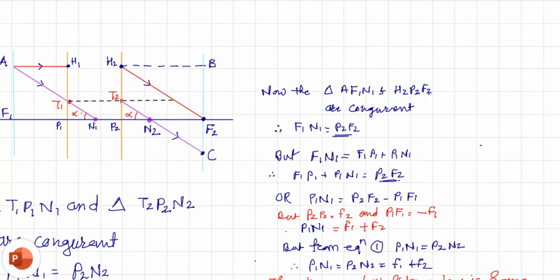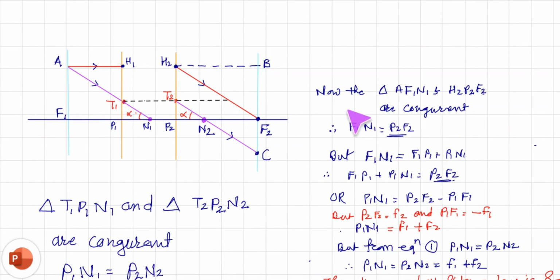Now here we have another triangle, triangle A F1 N1 and H2 P2 F2, they are also congruent, and from this we can say that distance F1 N1 is exactly equal to distance P2 F2.